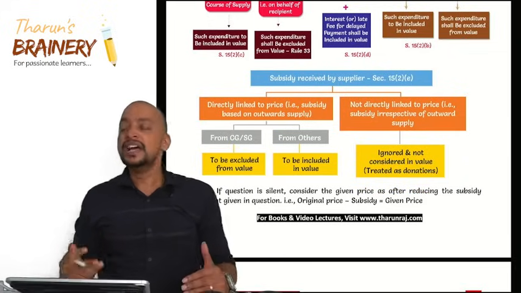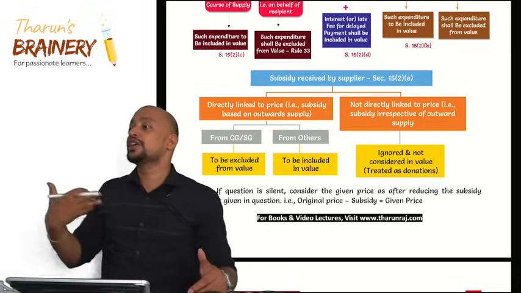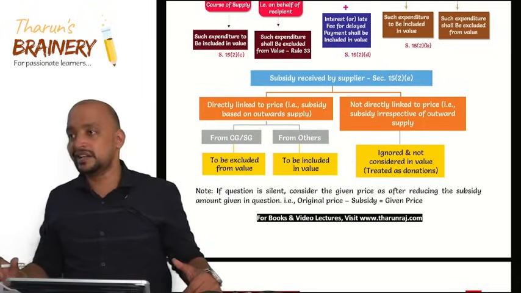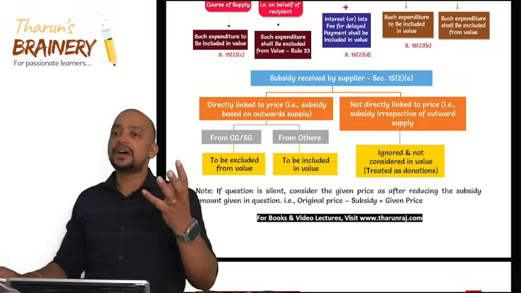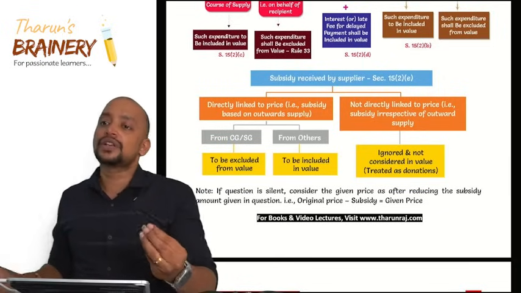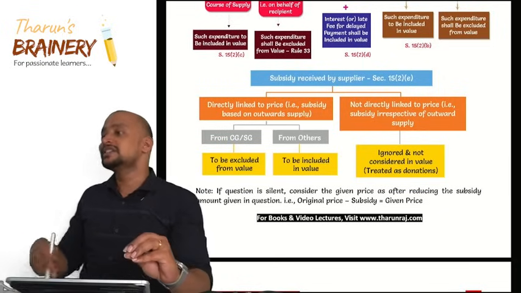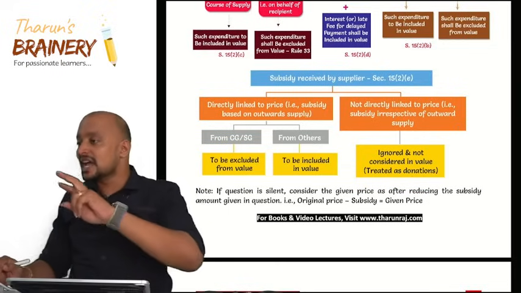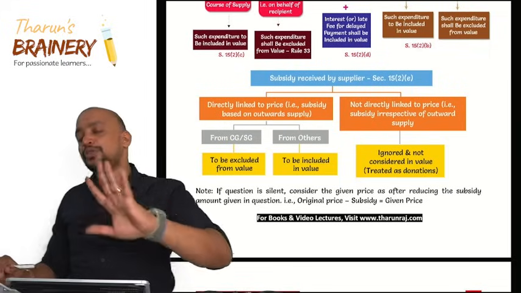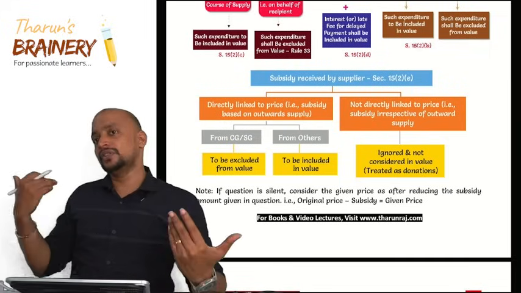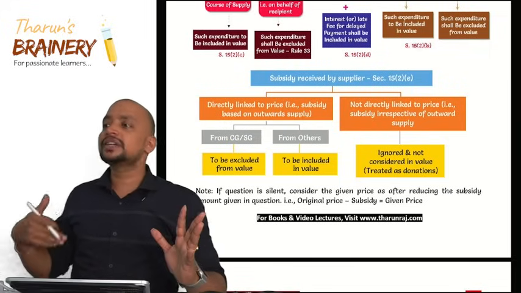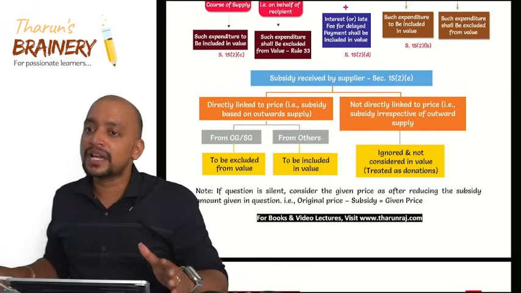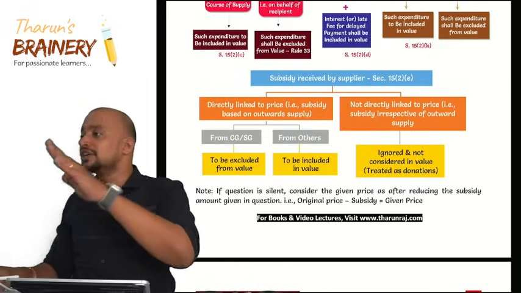For example, MRF Limited gives a subsidy to the car manufacturer for each tire used in the car manufactured by them. Then it is directly linked to price. Suppose whether they are using it or not, some amount is given as subsidy, then it comes under not directly linked to price.